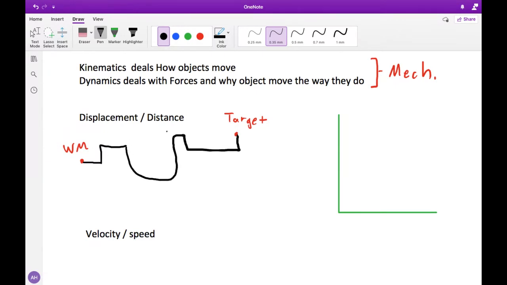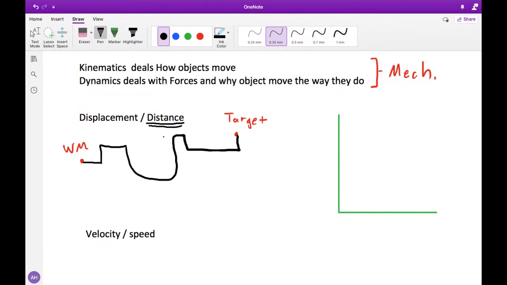So what I've just drawn here is the path that you would drive in your car to get to Target. We see this path has left turns, right turns, curves, etc. If you were to measure how far that is, that would give you your distance. So this black line represents the distance from Walmart to Target, taking this path.